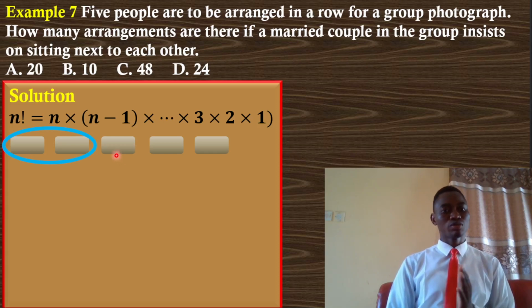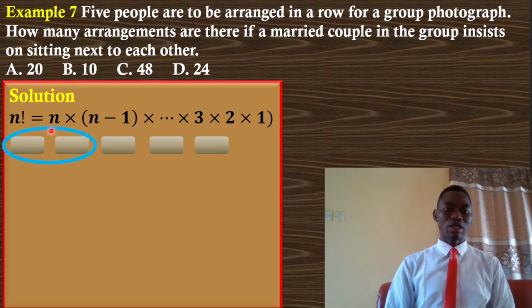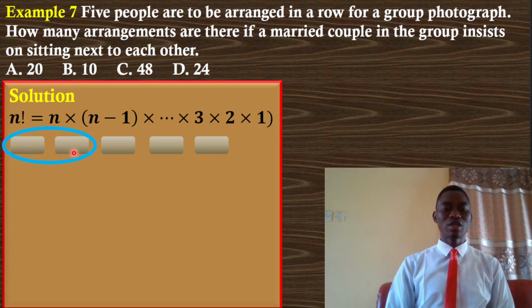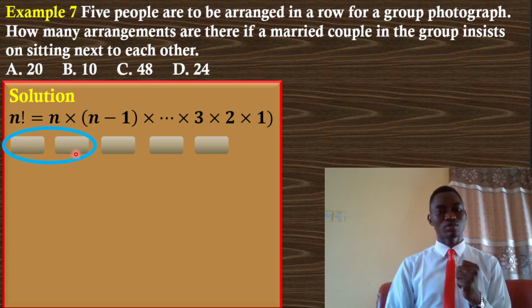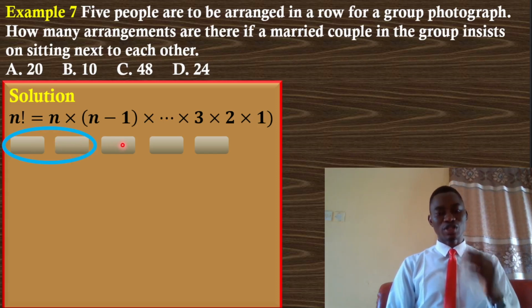So we assume that they chose the first two seats. It then means that the first two seats is a collection. Then we now have the second, the third, the fourth.